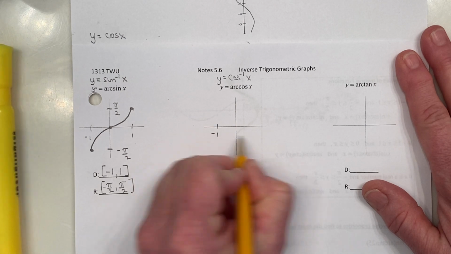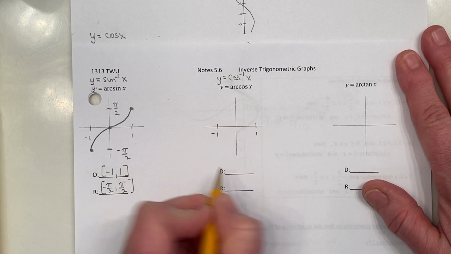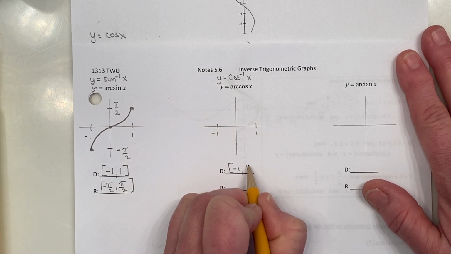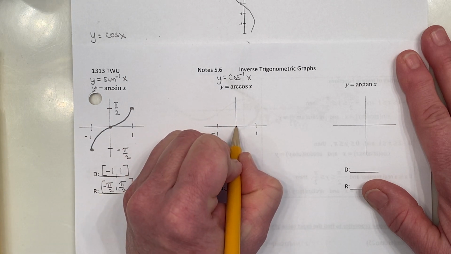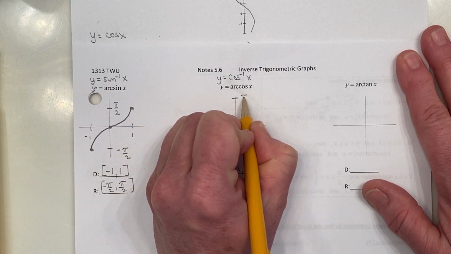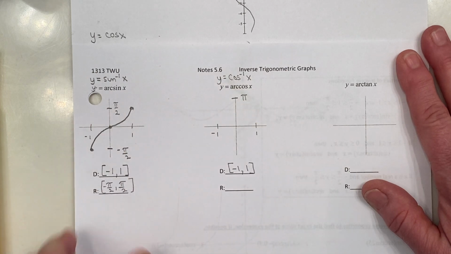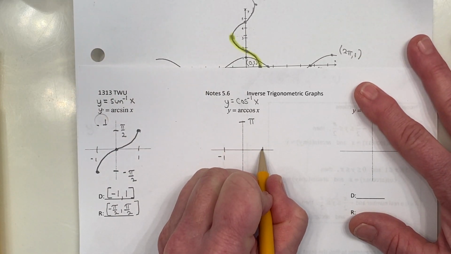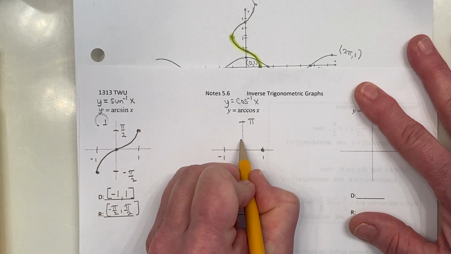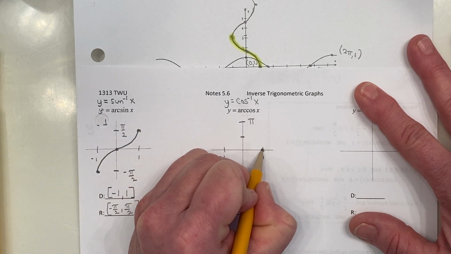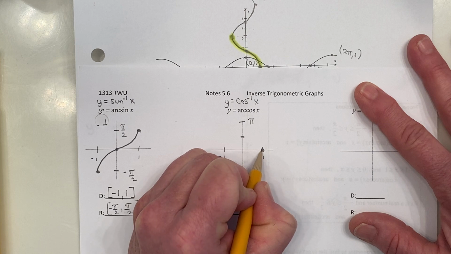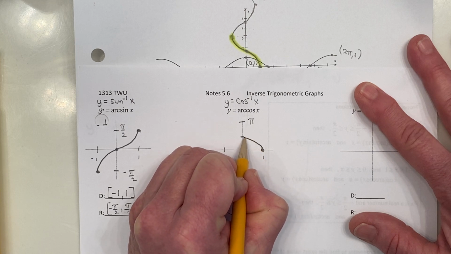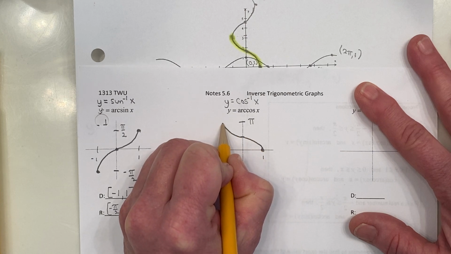So domain -1 to +1, but the y's go from y equals 0 up here to y equals pi. Let's think about where the graph starts. It's going to start right here at 1, 0. And about pi over 2, it's going to cut through the y-axis, thinking about the way it bends, and then it bends back this way.